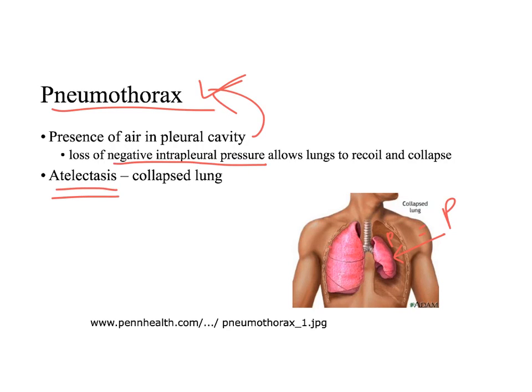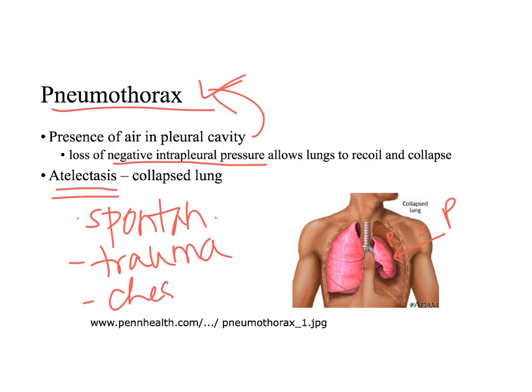The technical name for a collapsed lung is atelectasis. It can happen spontaneously, it could be triggered by trauma, a chest wound, or sometimes if somebody has cancer, it disrupts this too. So there's a bunch of different things that could cause a pneumothorax.